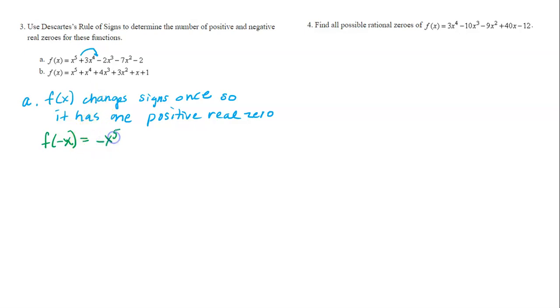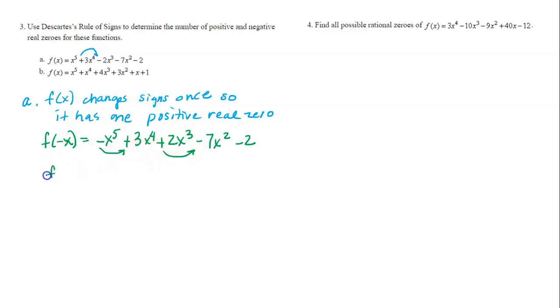So I get negative x to the 5th plus 3x to the 4th plus 2x to the 3rd. That's a lie. No, because it was negative and it becomes positive. Sorry, minus 7x squared minus 2. So I change signs twice.